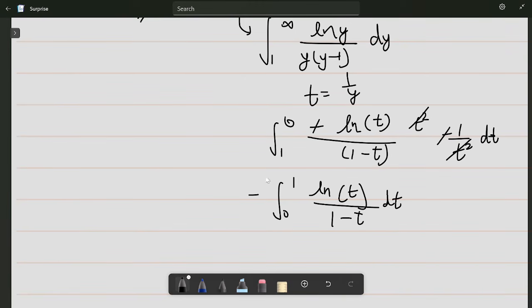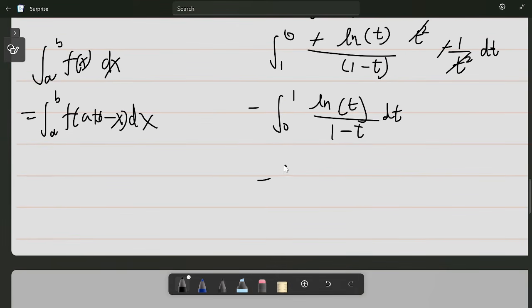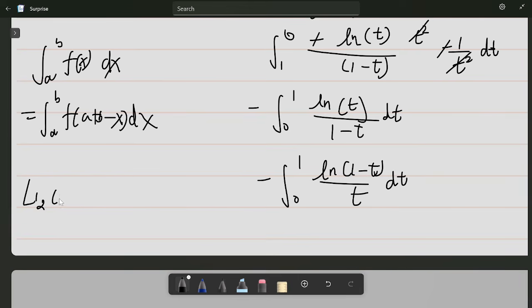Now I can use King's rule. King's rule is basically that the integral from a to b of f of x dx equals the integral from a to b of f of (a plus b minus x) dx. If we use that, we get minus the integral from 0 to 1 of ln of (1 minus t), and over here that will be just t, dt. Now you might know the Li2 function, the dilogarithm function.